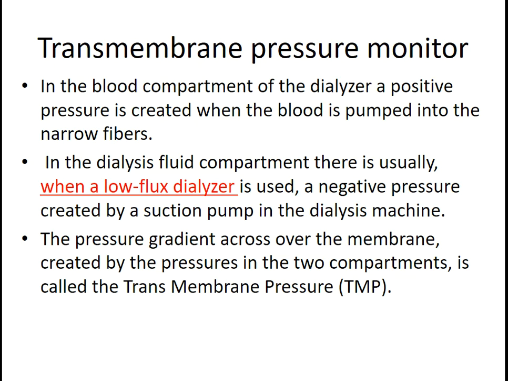The pressure gradient across the membrane created by the pressures in the two compartments, the blood and the dialysate compartment, is called the transmembrane pressure in mmHg.